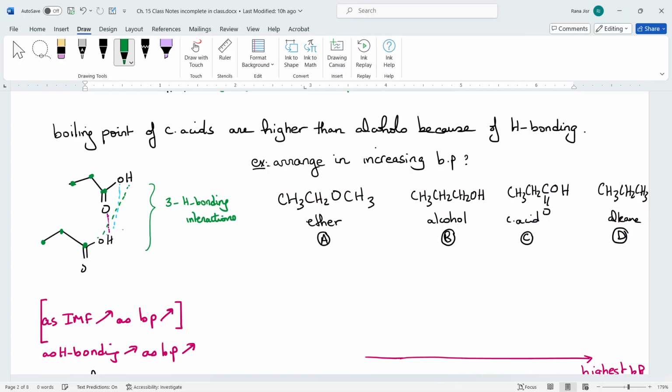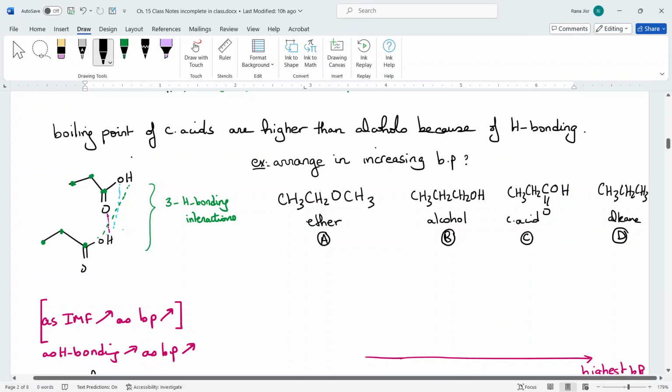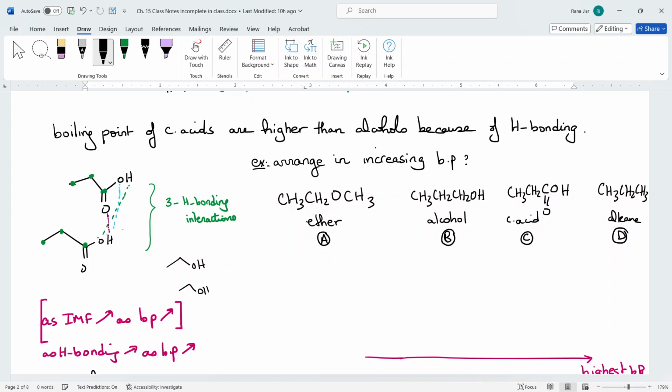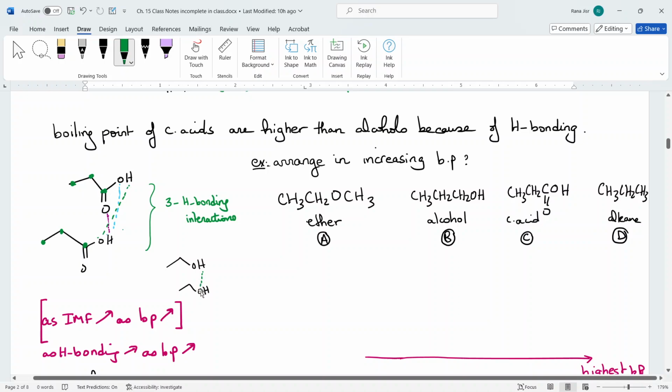And this is why acids have higher boiling points than alcohols, because they have more hydrogen bonding interactions with each other than the alcohol. Just as a reminder, when we were talking about alcohols, if we have these 2 OHs, we said that there are 2 hydrogen bonding interactions: I can use the oxygen in one and the hydrogen in the other, or the oxygen here and the hydrogen there.